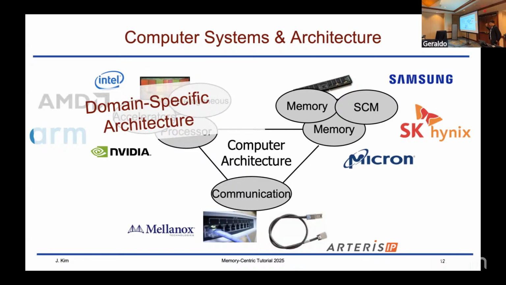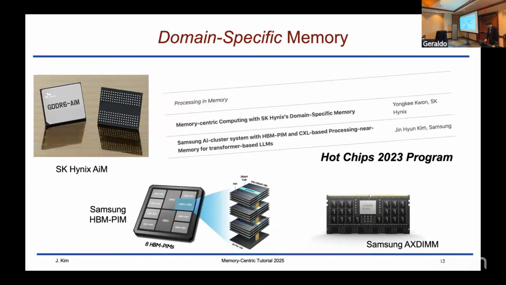Now, there are two other aspects here: the memory and the network. Does it make sense to have domain-specific memory or domain-specific networks? My answer is that that's what people are doing today. If you go back to all the PIM work that was talked about earlier this morning, and even to the Hot Chips presentation that was made a couple of years ago, if you look carefully at the title, they actually use the phrase domain-specific memory.